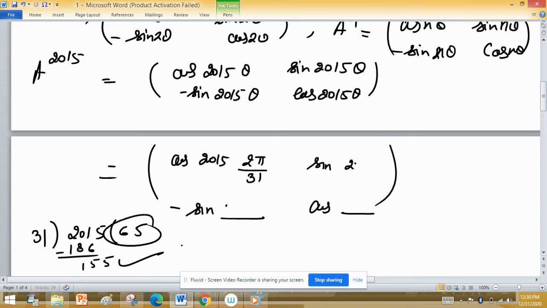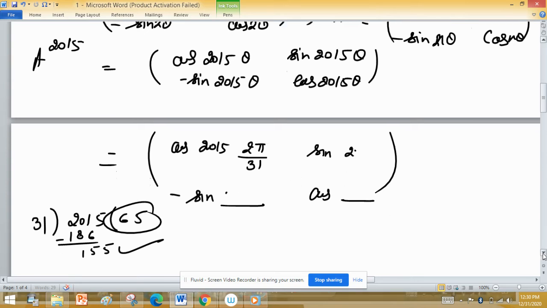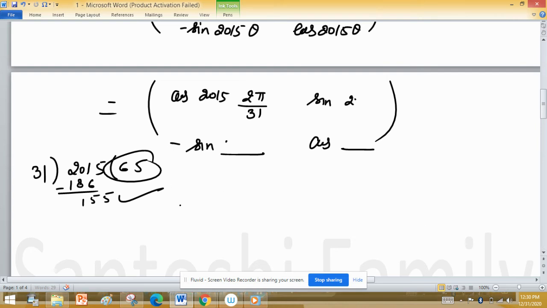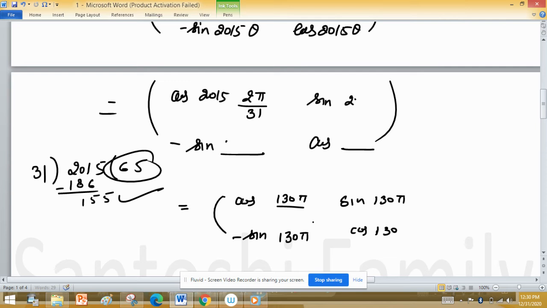Now 65 is the quotient. So the equivalent matrix is cos 130 pi, sin 130 pi, minus sin 130 pi, and cos 130 pi.